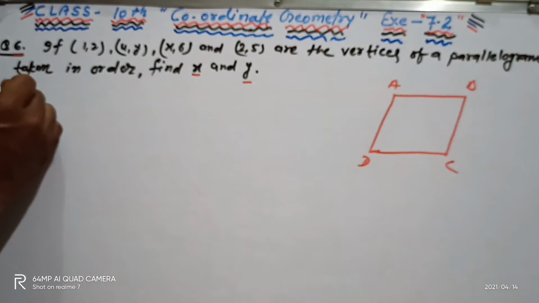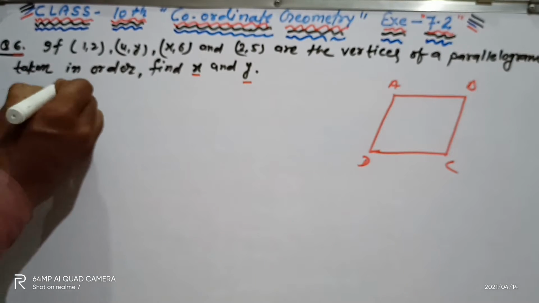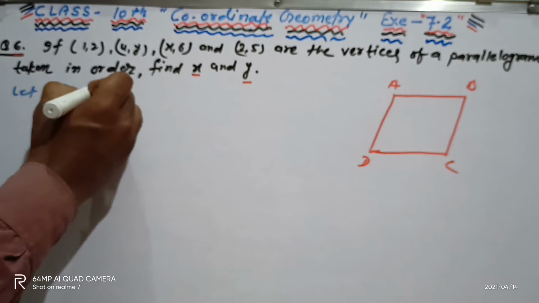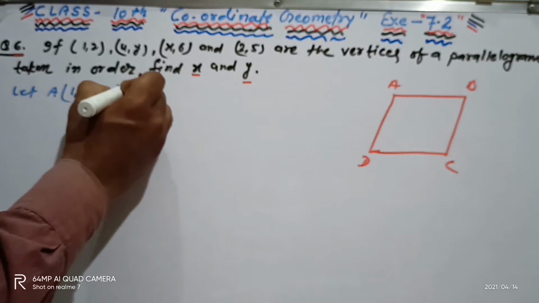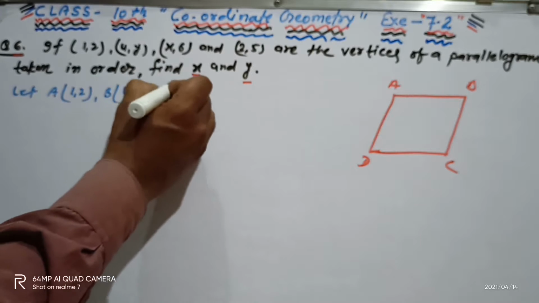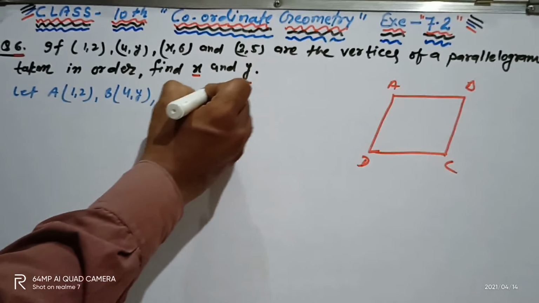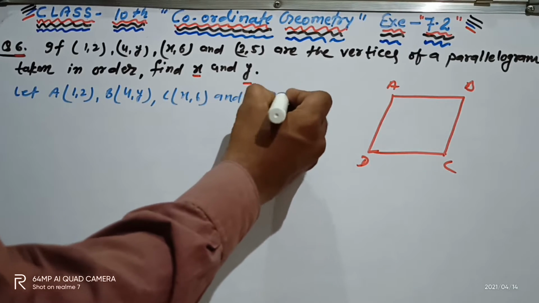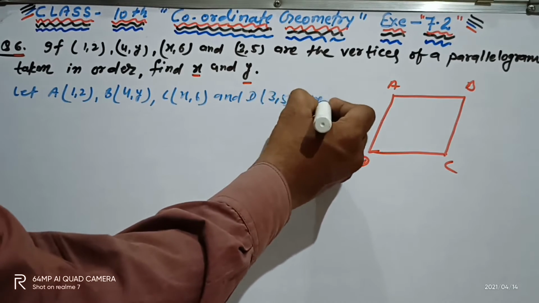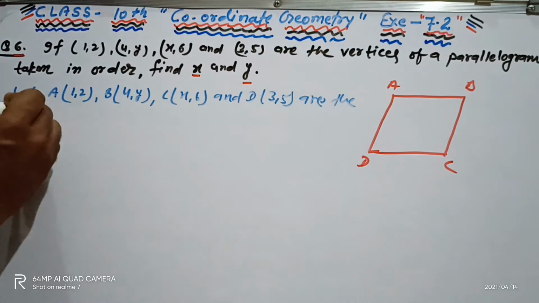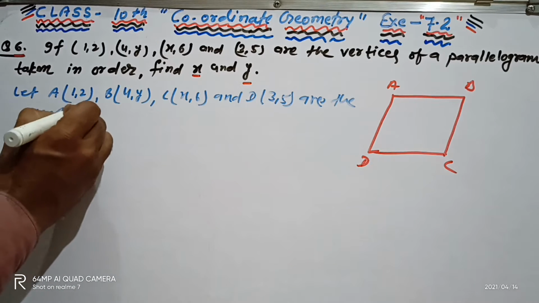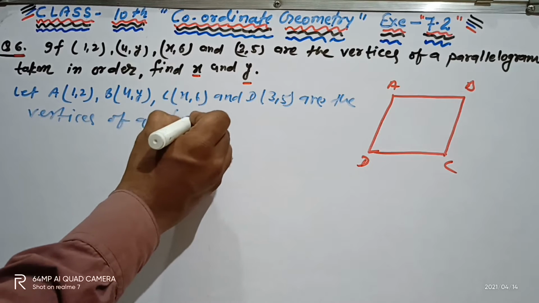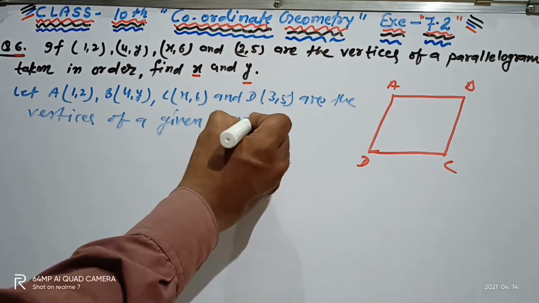Let A be (1, 2), B be (4, y), C be (x, 6) and D be (3, 5), the vertices of the given parallelogram.